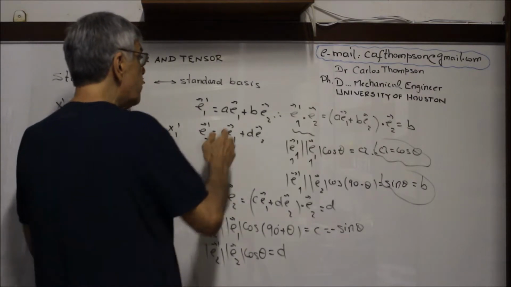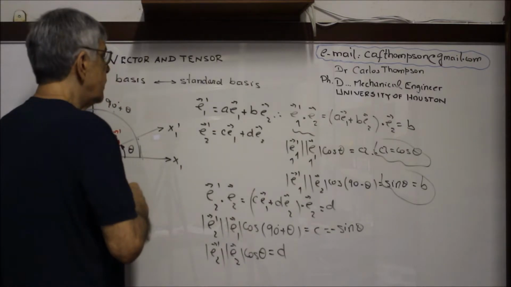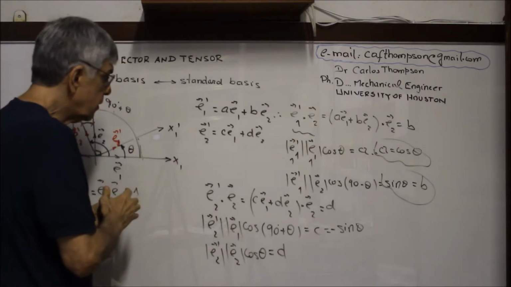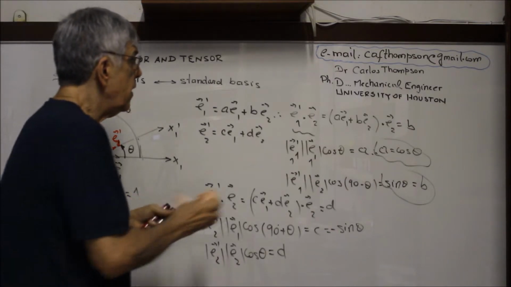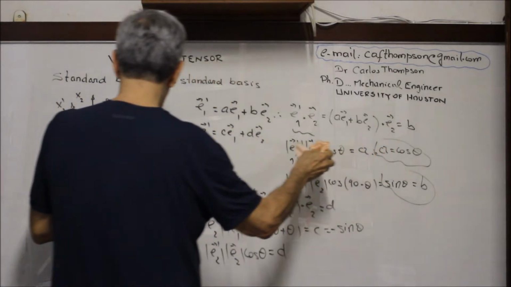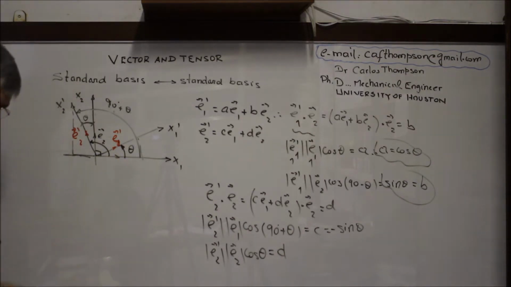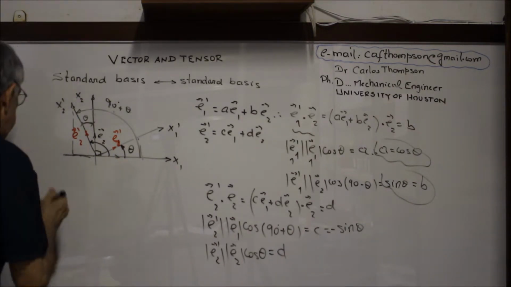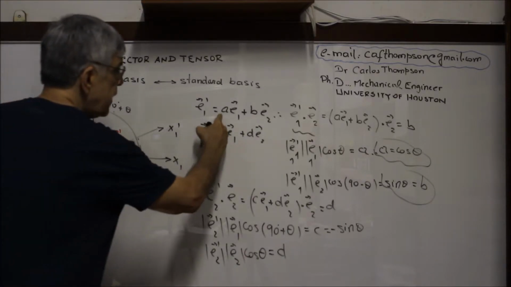Now we have A, B, C, and D. Let's write down the matrix. Don't forget that A is cosine of theta. Then E1 prime is equal to, what is A?